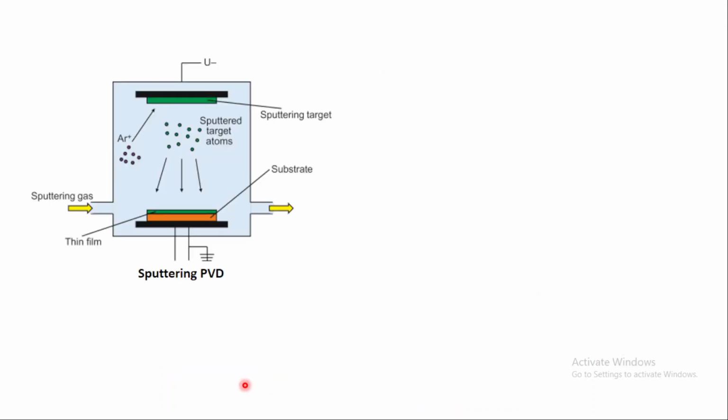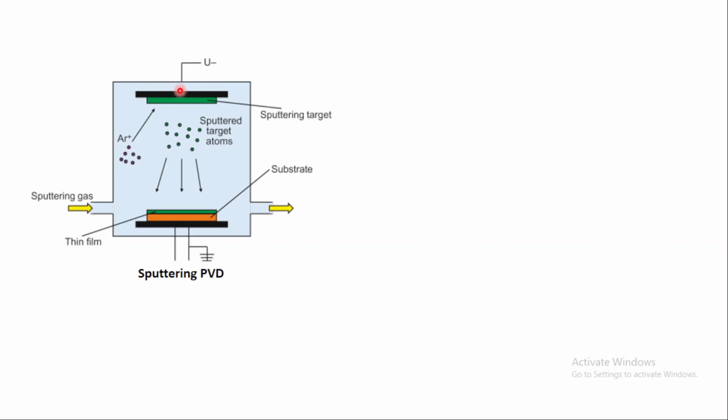Now what happens in a physical vapor deposition method? So this is a setup of physical vapor deposition, sputtering PVD. There are many kinds of PVD. Physical vapor deposition is a common technique to deposit metals. So in sputtering PVD, what happens?